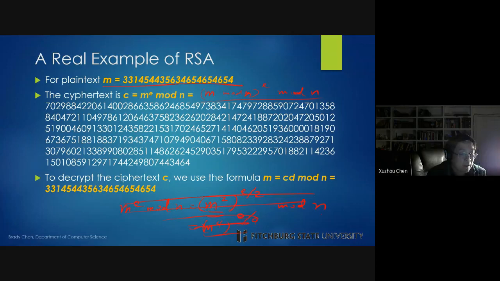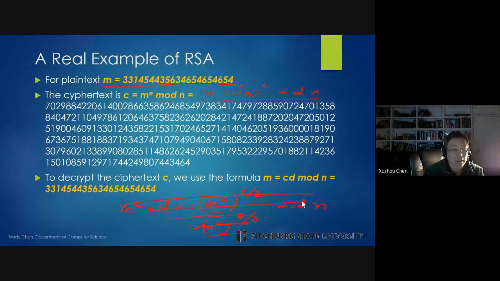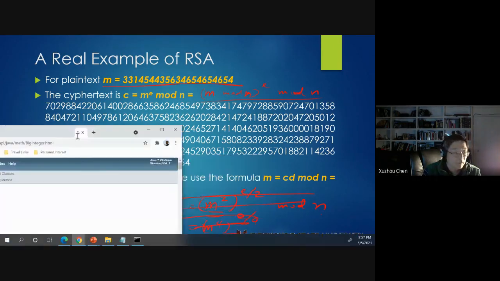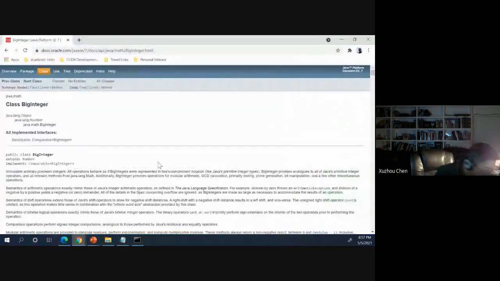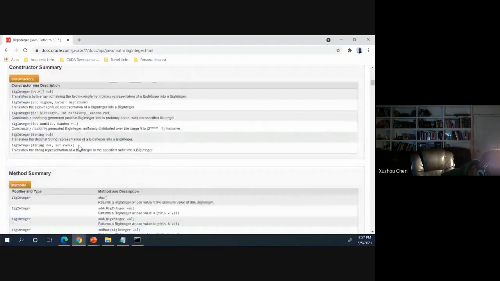For the RSA algorithm, you can use BigInteger in Java. If you use BigInteger, you can easily check it out. Let me show you what it is. If you search Google for class BigInteger in Java, you will find lots of different methods.